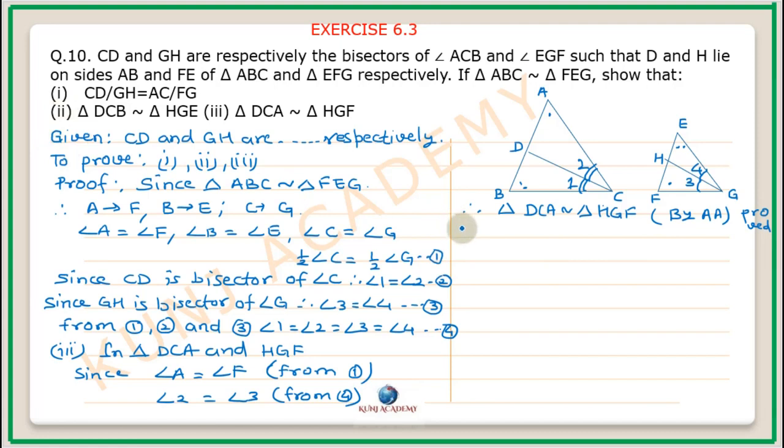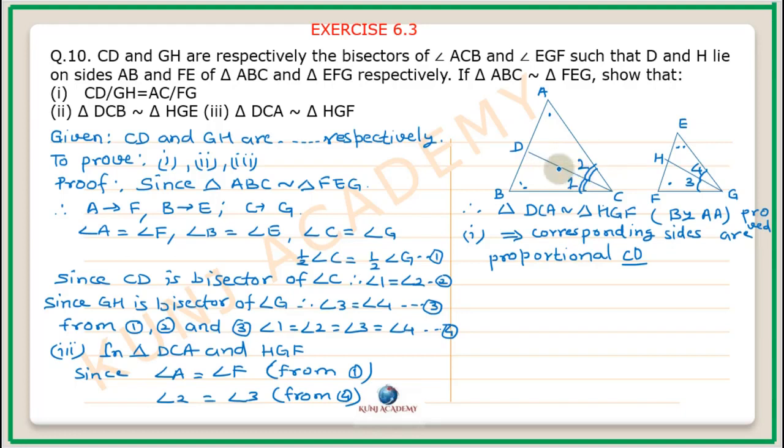Now, first part. These two triangles are similar, therefore their corresponding sides are proportional. Therefore, CD of this triangle upon its corresponding side, meaning sides opposite to equal angles.